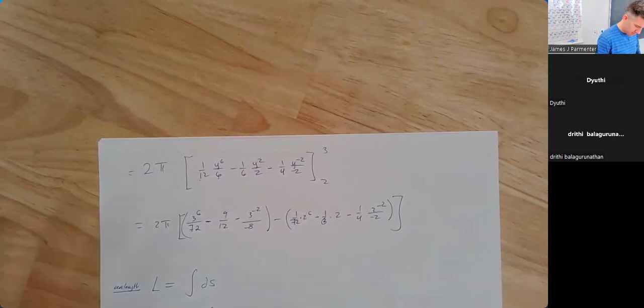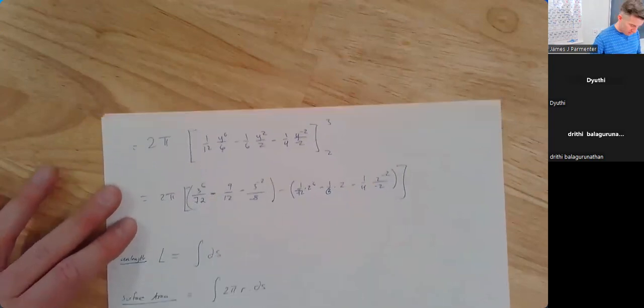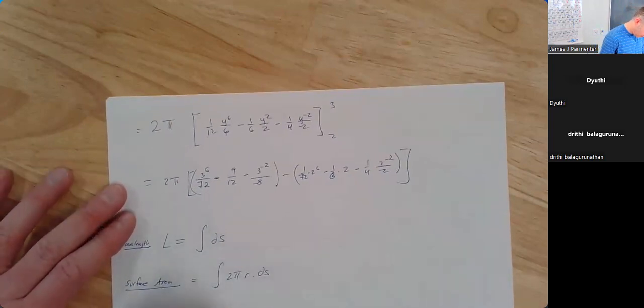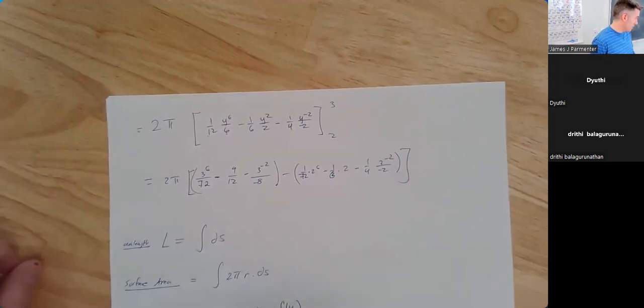And I should just add on, if you're going around the y-axis, then your radius is x, which could be a function of y. And if you're going around the x-axis, your radius is y, which could be a function of x, depending on which variables you want to use.